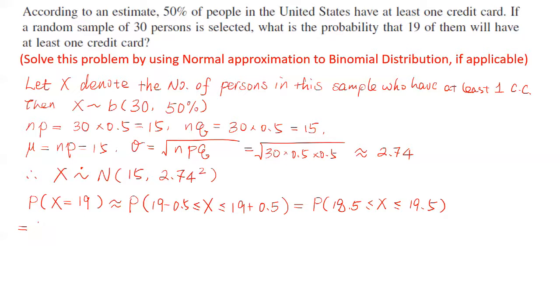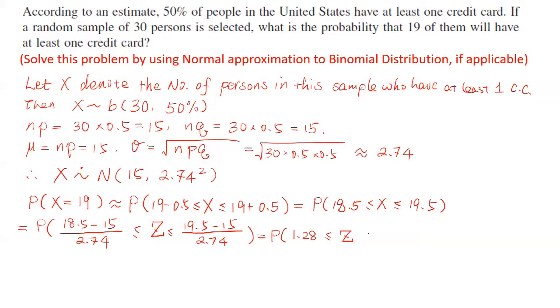And in order to look up the standard normal table, we need to convert X to Z. That means the left-hand side becomes this one, and the right-hand side becomes this one. Okay, which is equal to okay.